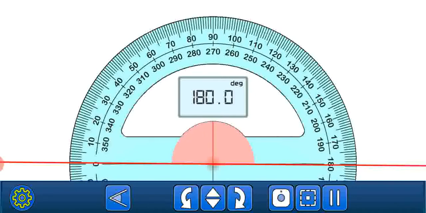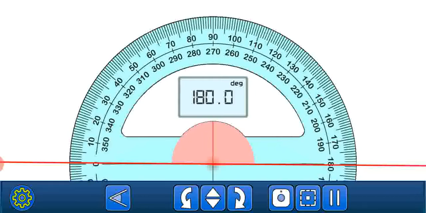Yes, it is 180 degrees. A 180 degree angle is formed here. Here the first line and the second line come along the same straight line. Then we get a 180 degree angle.